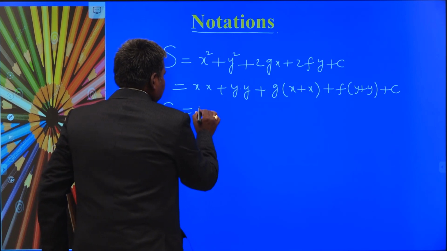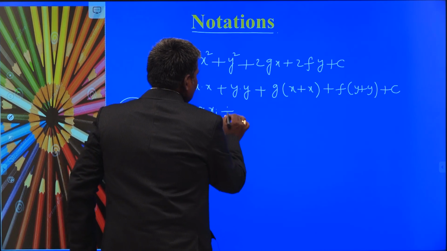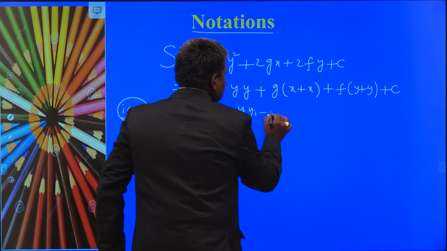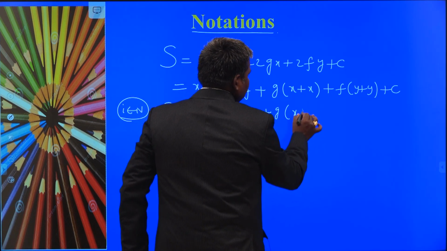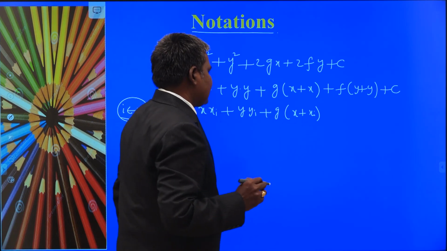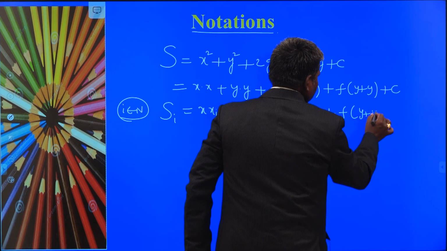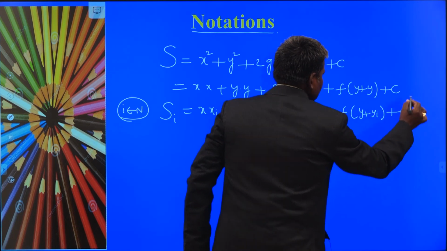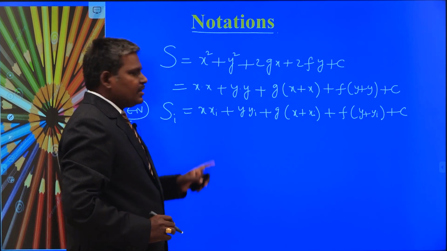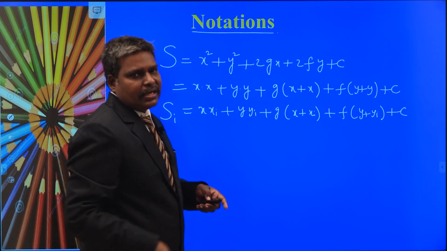That means x times x_i, plus y times y_i, plus g times of (x plus x_i), replacing one x by x_i and leaving the other x as x itself, plus f times of (y plus y_i), plus c. This is the next notation, where i belongs to natural numbers. All these notations will be used in the further concepts.